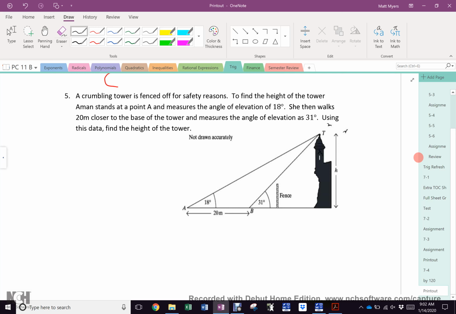So again, ladies and gentlemen, this is the type. Now, I've made it seem not very real life, right? By drawing the crumbling tower and the freaky birds and blah, blah, blah. But this is real life use of trig. This is what trig is for. It is to measure things that you cannot measure. All right? Now, I know that you've been in my class before. You've heard me give this example.